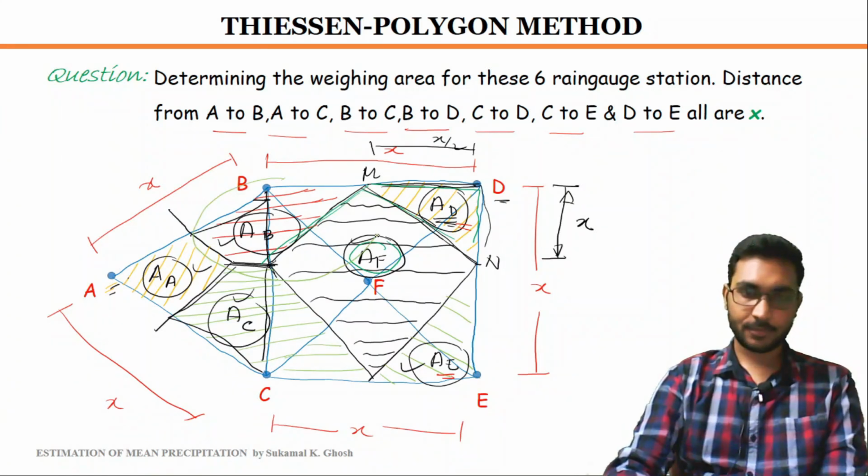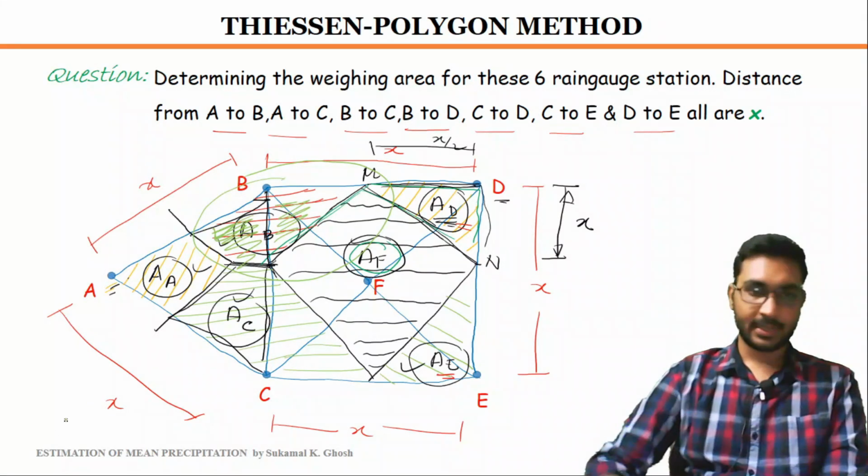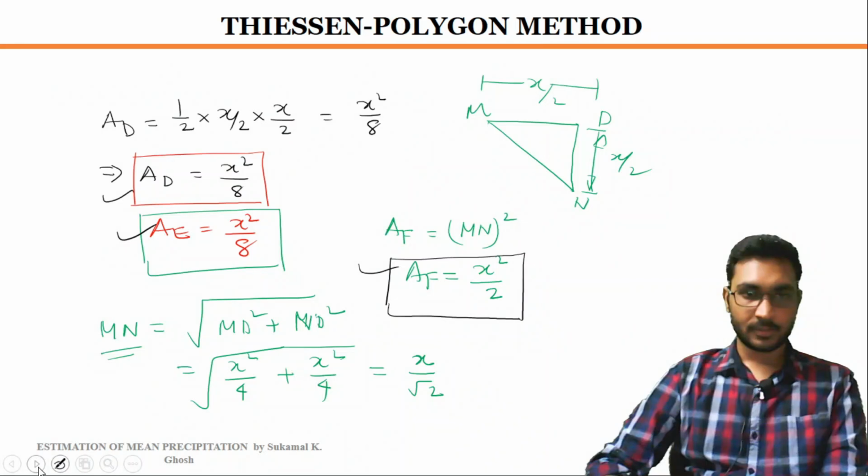Now see, this AB part, if you consider it, is actually the summation of this part and this part. Let me draw it in a fresh manner.